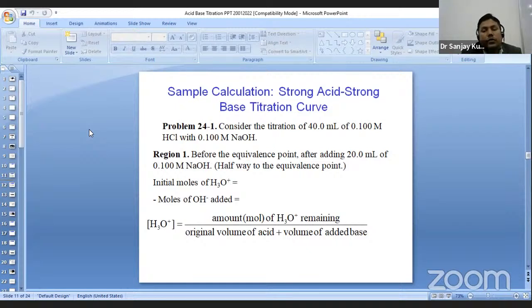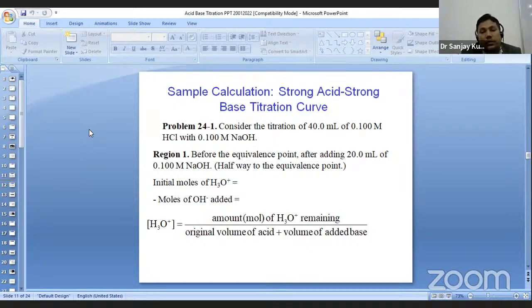Likewise for a strong base we can choose a concentrated NaOH solution. For a weak base, we can go for ammonium hydroxide. So likewise we have different concentrated compounds in the form of strong acid, weak acid, strong base or weak base.